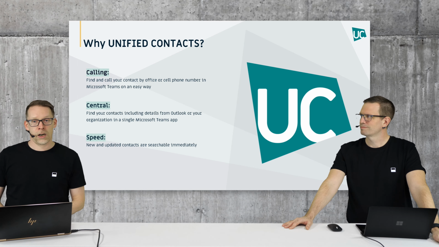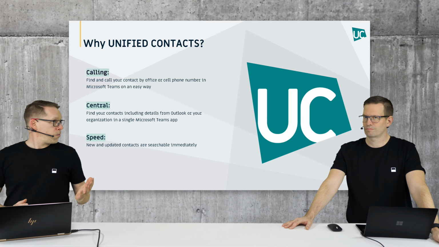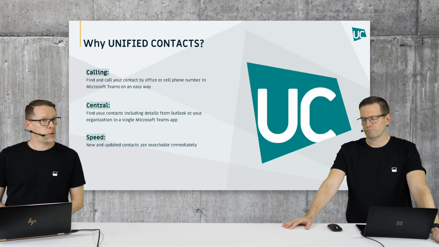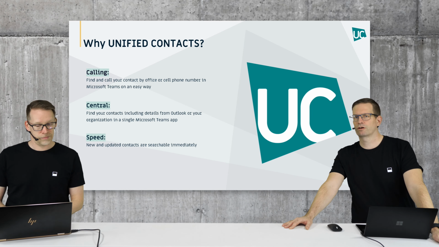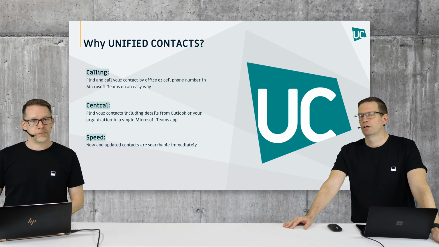If you don't know, see our generic video about UnifiedContacts and the different options we have in our portfolio. Just as a summary, we want an app where you can easily find your contacts and call them. UnifiedContacts is your companion for Microsoft Teams.